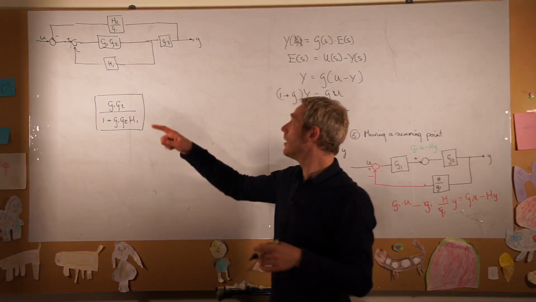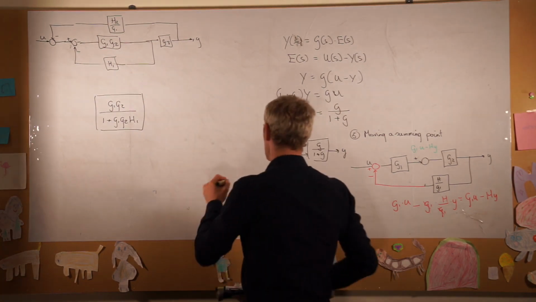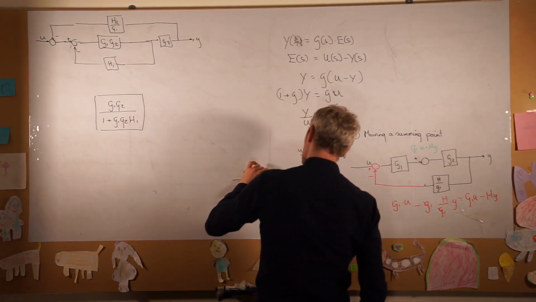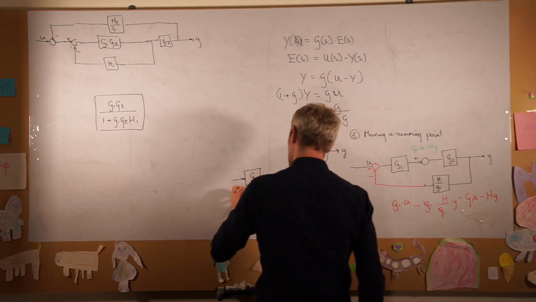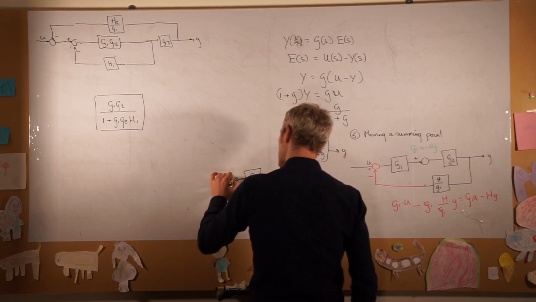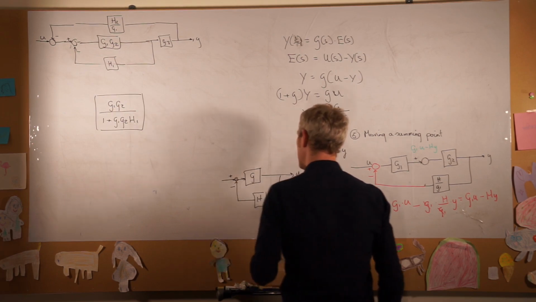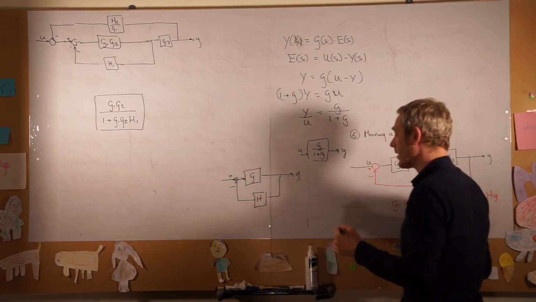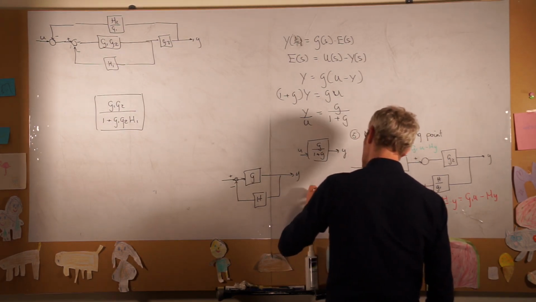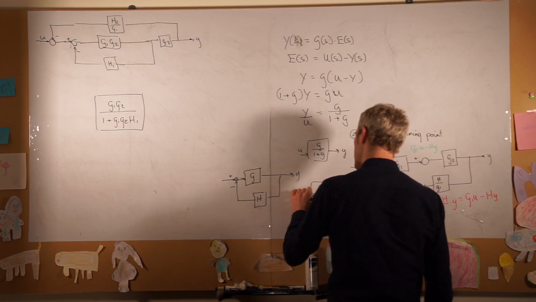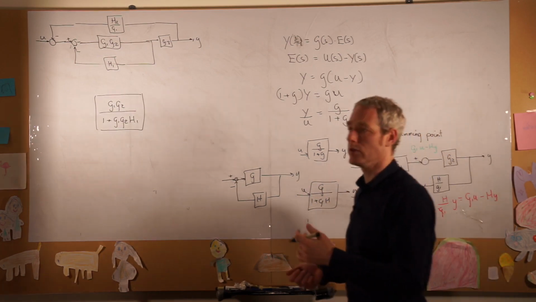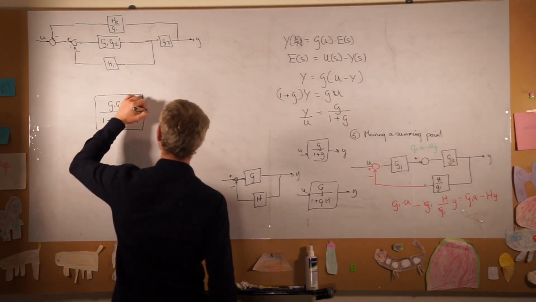And I'll leave it up to you as an exercise that if you have a system like this, the equivalent transfer function is G over 1 plus GH. But I'll leave that up to you to check.